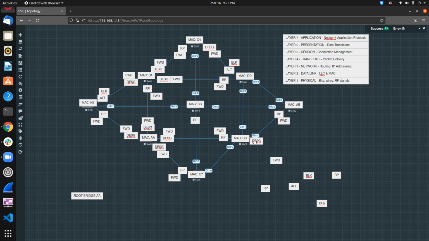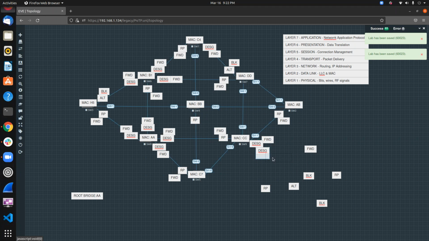So we're going to be designated and forwarding? Forwarding, yes. So that's going to be forwarding. What about 0/1? What are we doing now?